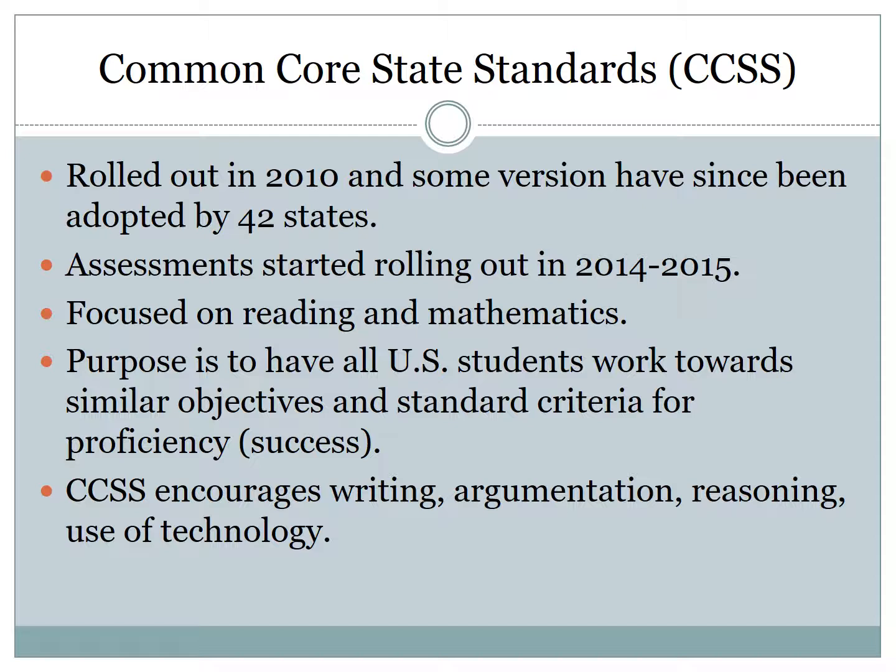So we know, for example, how a student in New York compares in multiplication standards with a student in Alabama or a student in California. The Common Core state standards, abbreviated CCSS, also tend to encourage more writing, more in-depth analysis, argumentation, reasoning, and the use of technology.